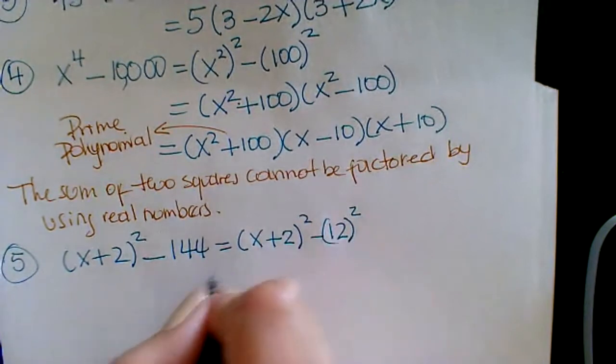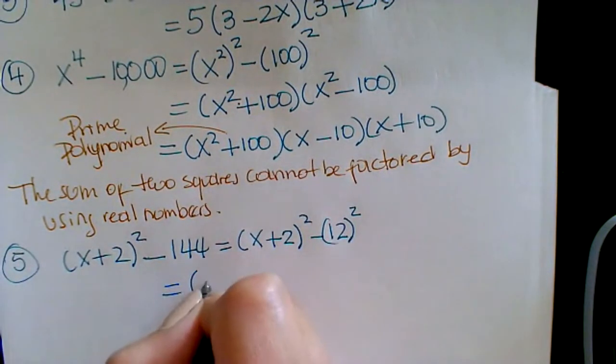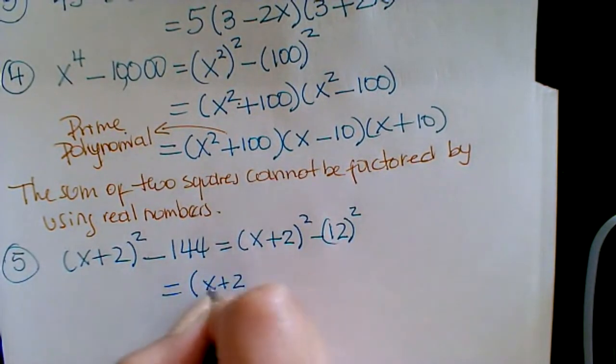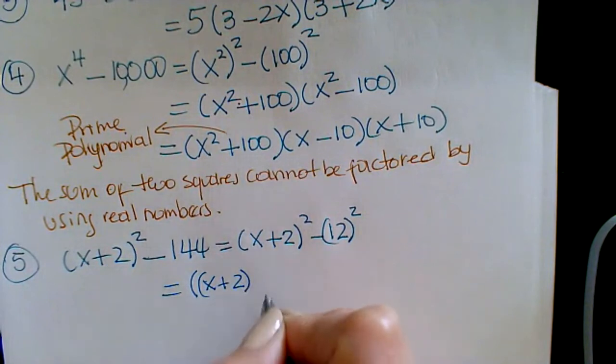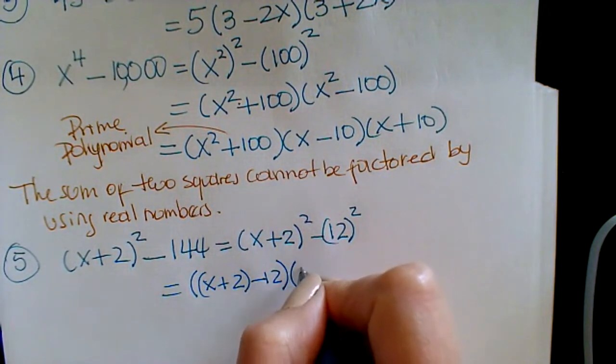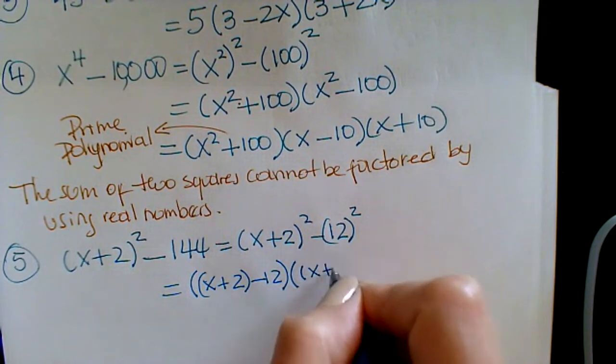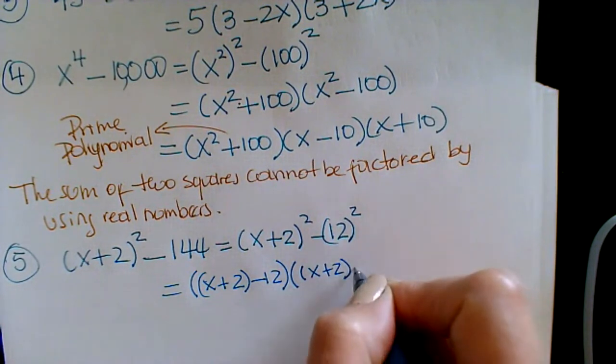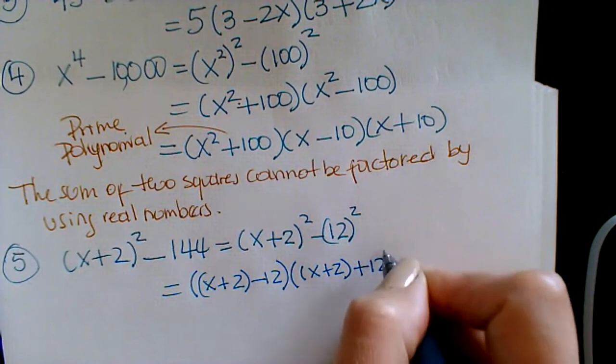So the first one is going to be x plus 2 minus 12. And the other one is going to be x plus 2 plus 12.